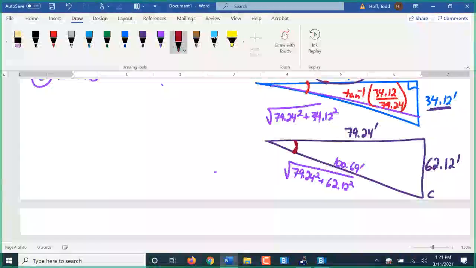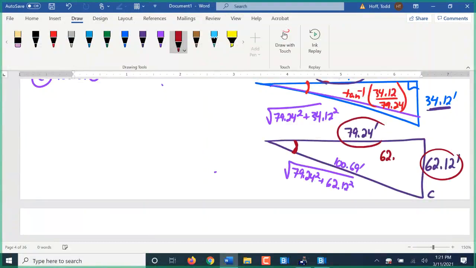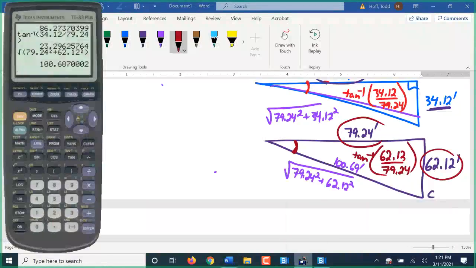for this angle, this is the opposite and the adjacent side. That's going to be tangent. So the angle is actually going to be the inverse tangent of 62.12 over 79.24. Second tangent, 62.12 divided by 79.24.